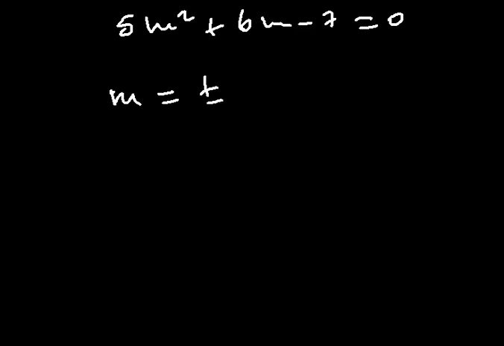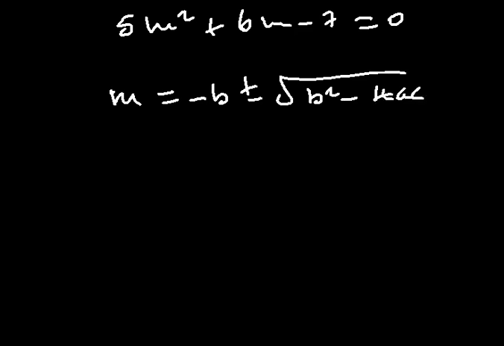Let's say we have the equation 5m squared plus 6m minus 7 is equal to 0. It means the quadratic formula will be in the form of m is equal to negative b plus or minus the square root of b squared minus 4ac divided by 2a. That is if we use the quadratic formula.